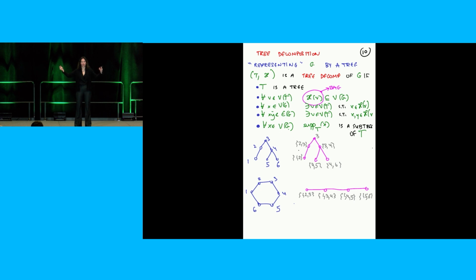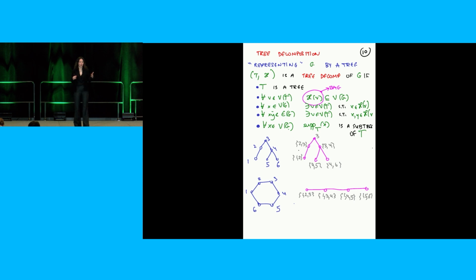In a tree, given two vertices, there's a unique path between them. So if I put the vertex V in the bag for A, and I put the vertex V in the bag for B, and then I look at the path from A to B in my tree, the vertex V has to appear in every bag along this path. Okay, so that's what a tree decomposition is.